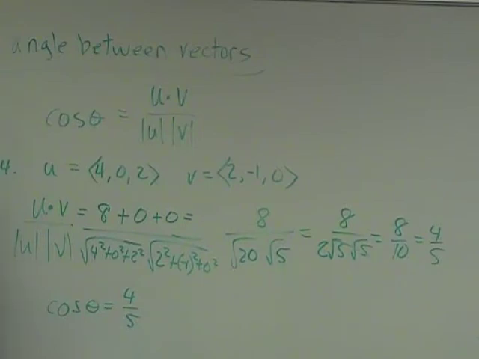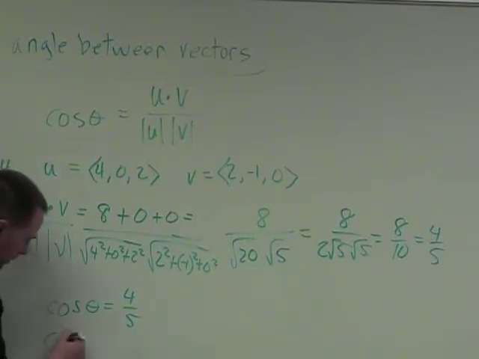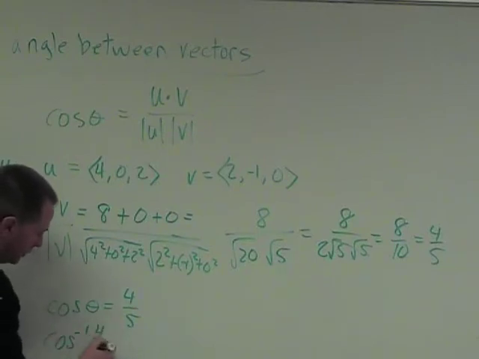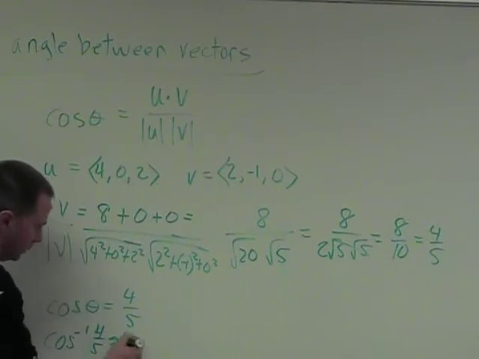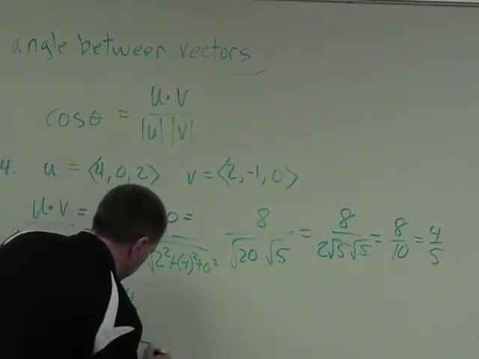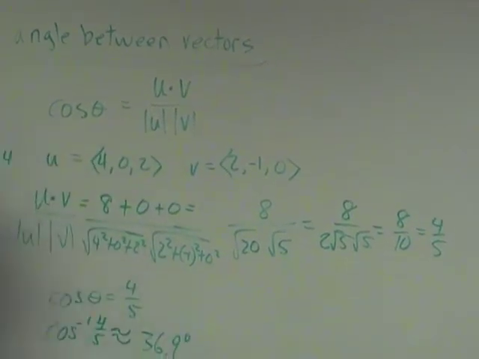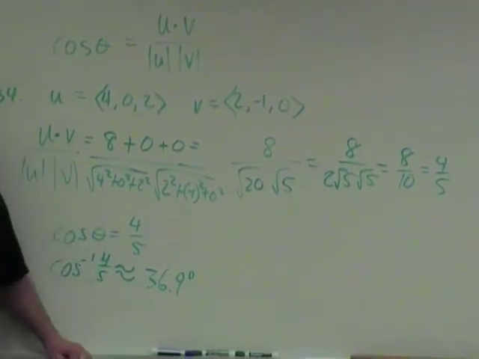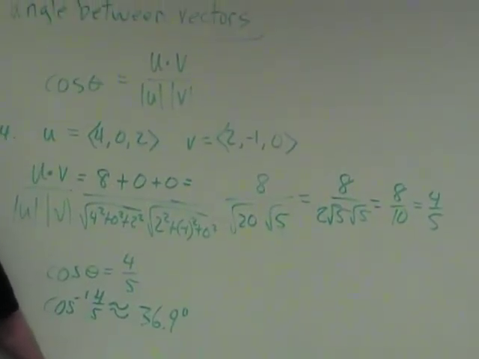I just want to know how to do it. What are you doing on your calculator? Or cosine. Yeah, so the inverse of 4 fifths. The arc cosine of 4 fifths is what? 36.9 degrees. So that's the degree between the two vectors. Can we get 36.9?